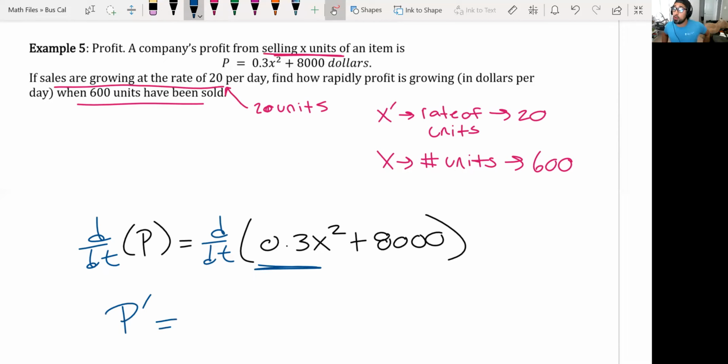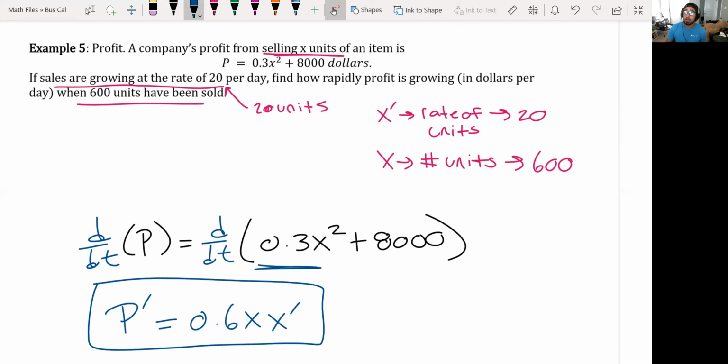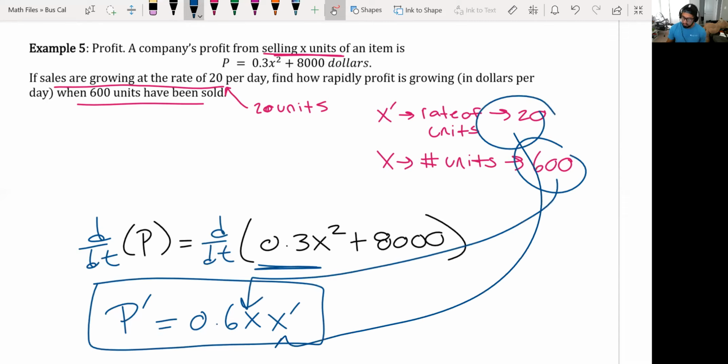The implicit derivative of 0.3x squared, this 2 will multiply that 0.3, so you have 30 cents, and you just doubled it. You get 0.6x x prime, and the derivative of 8,000 is 0. So we don't need that. There's our derivative. Now take 600, plug it in for x, take 20, plug it in for x prime. That's all we have to do.